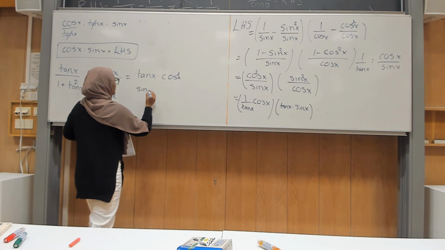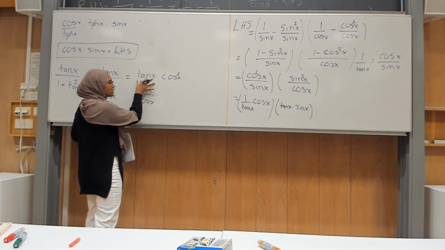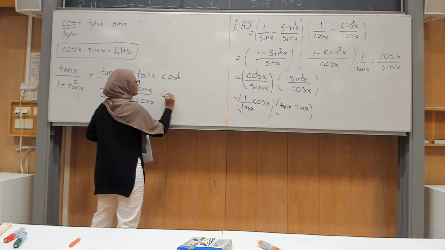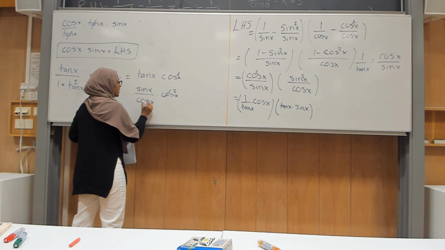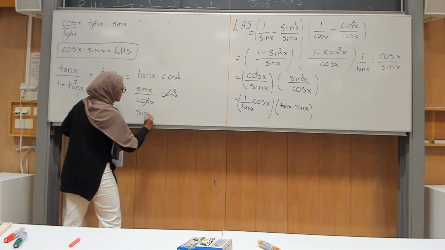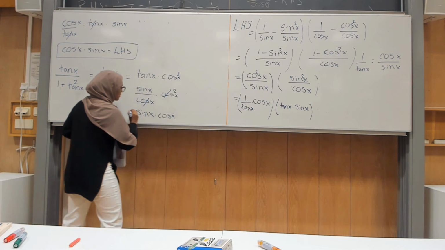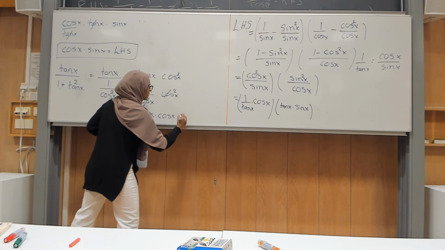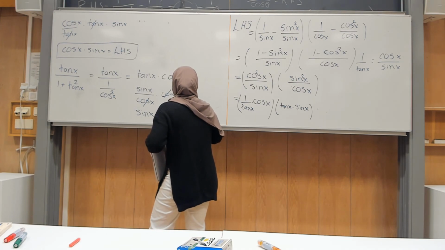Sine x divided by cosine x. This was only the tangent part, and we got cosine x squared left, and one of these cancel each other, so we are left with sine x times cosine x. Which is also the right hand side, and then you can compare these two, they are the same.